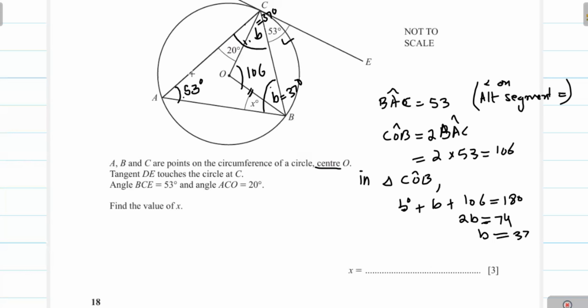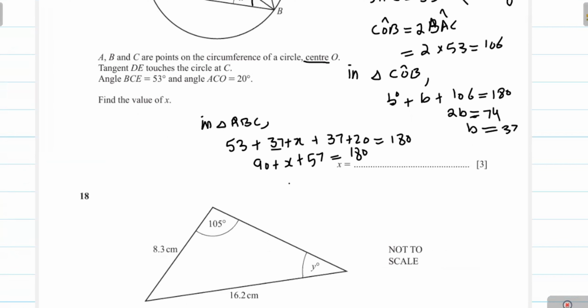Therefore, we can write 53 plus 37, that's equal to 90, plus x plus 57 equal to 180, and x will be equal to 180 minus 147, and this will be equal to 33 degrees. This is the answer.